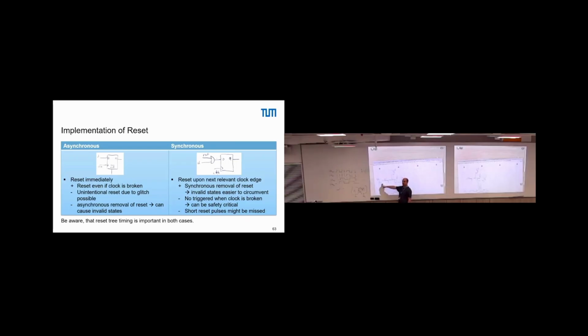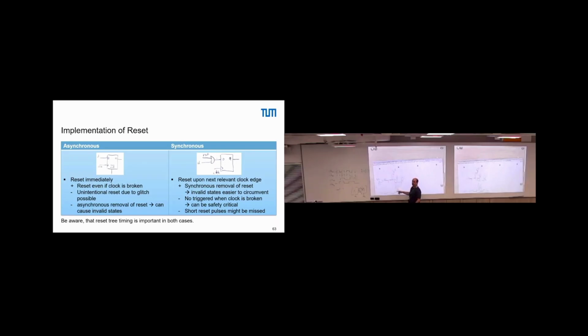So what would happen in that case? Exactly. If you release the reset at some point, then only with the rising edge is it propagated into the system. So now I have one clock cycle to propagate this internal state to all of the registers.